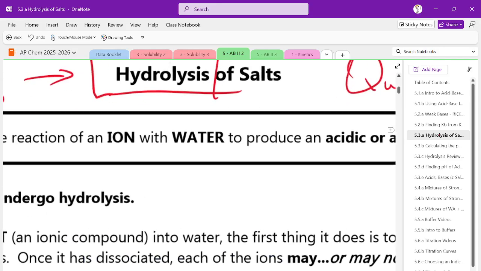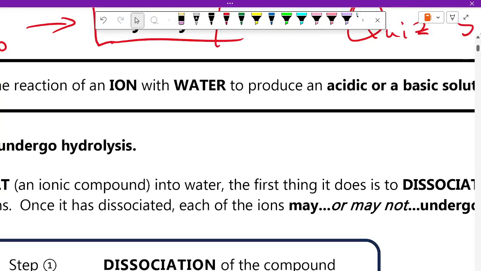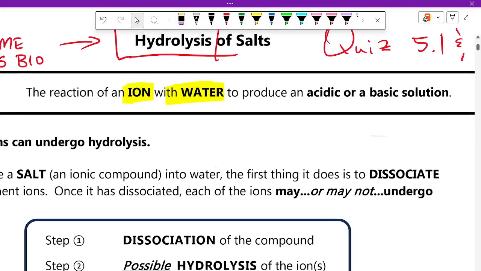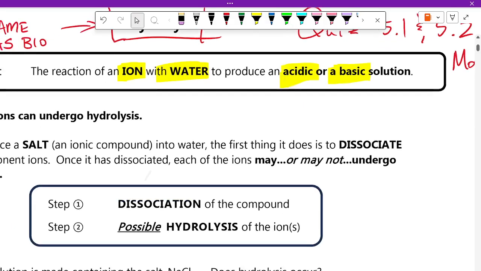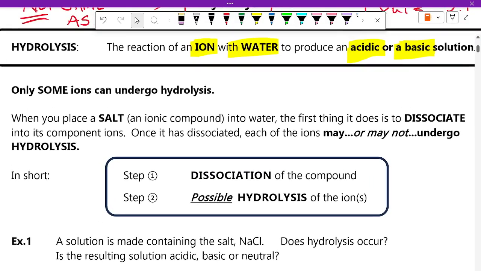So what is it? It is the reaction of an ion with water, and it produces an acidic or basic solution. If you put O2 minus, that gives you hydrolysis. If you put F minus, you get hydrolysis. If you have HCO3 minus, you get hydrolysis. Now, only some ions can undergo hydrolysis.